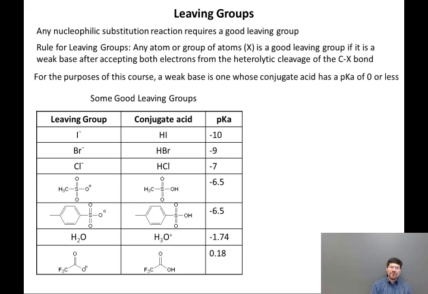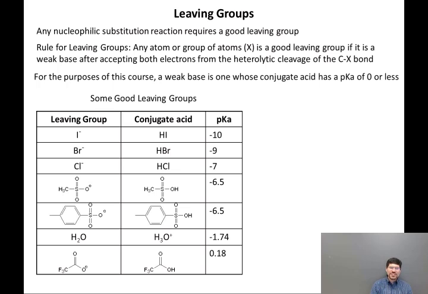Okay, next on the order of pKa's are a couple of beasts that you may not recognize. They are sulfonate anions. They are not exactly sulfuric acid or the conjugate base of sulfuric acid, but they have similar structures in that they have two of the S=O double bonds.